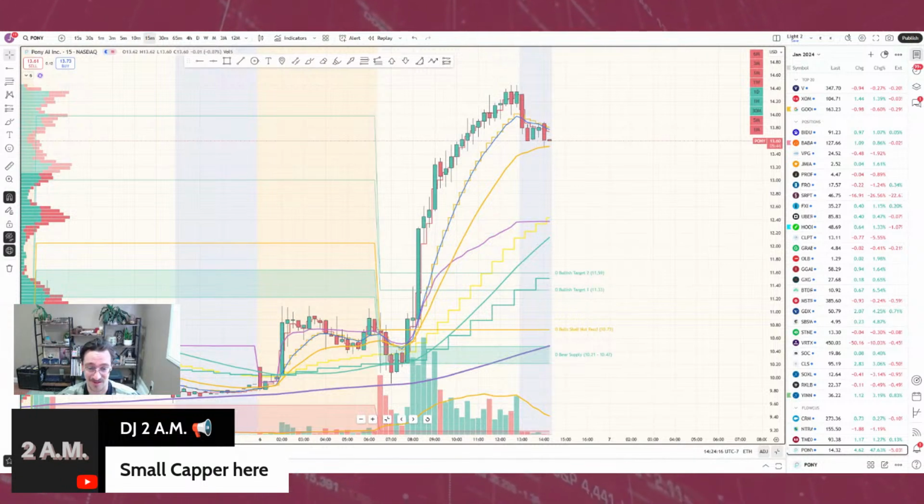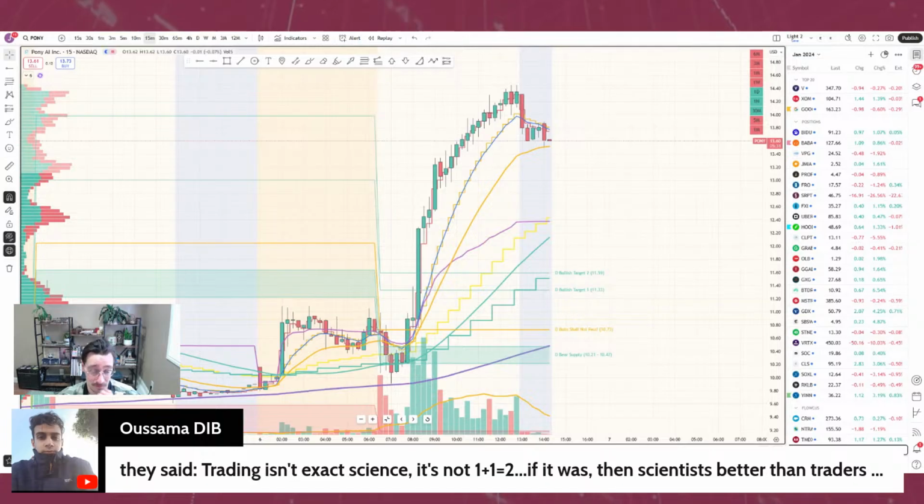Let's see what else we got. Another great comment by Osama here. They said trading isn't an exact science. It's not 1 + 1 = 2. If it was, then scientists would be better than traders. So I always say this: I think trading is an art, not a science. There's a lot of science involved, a lot of quantifiable strategies, and very mathematical components to it.